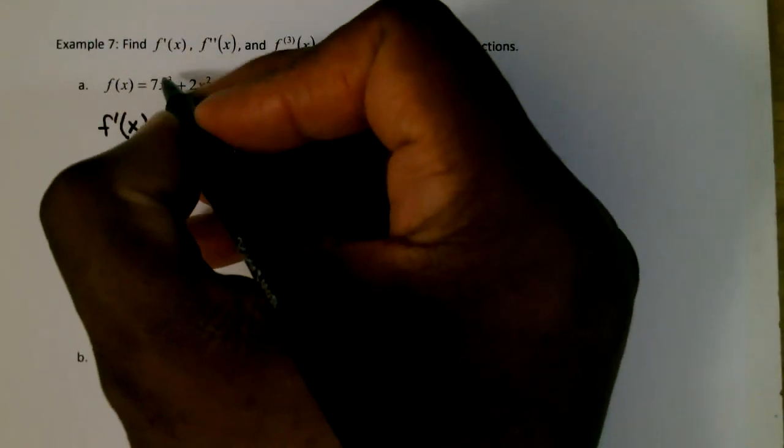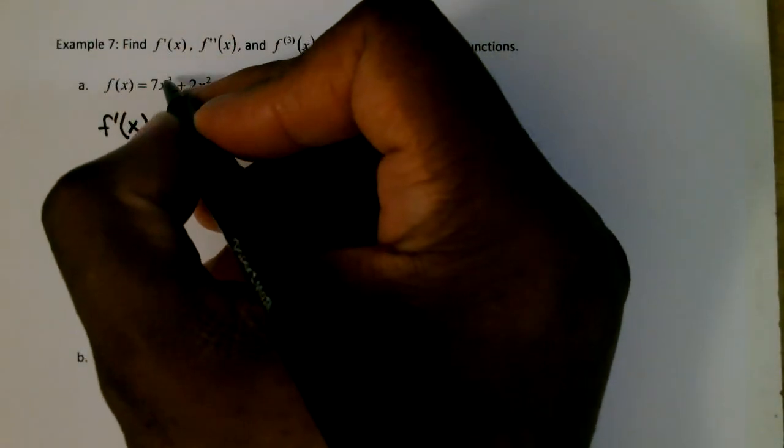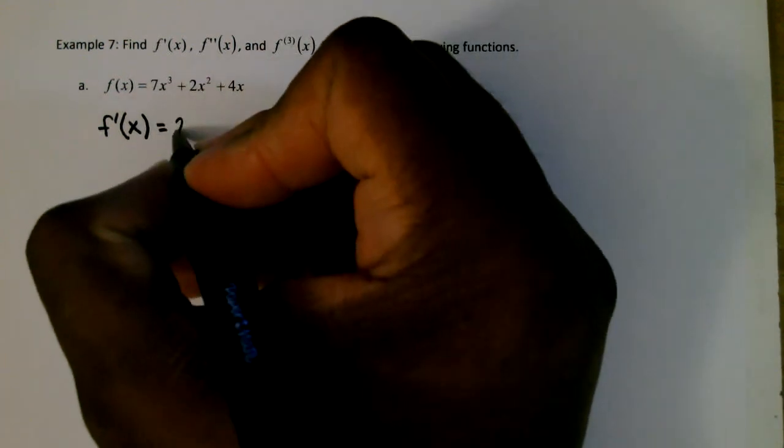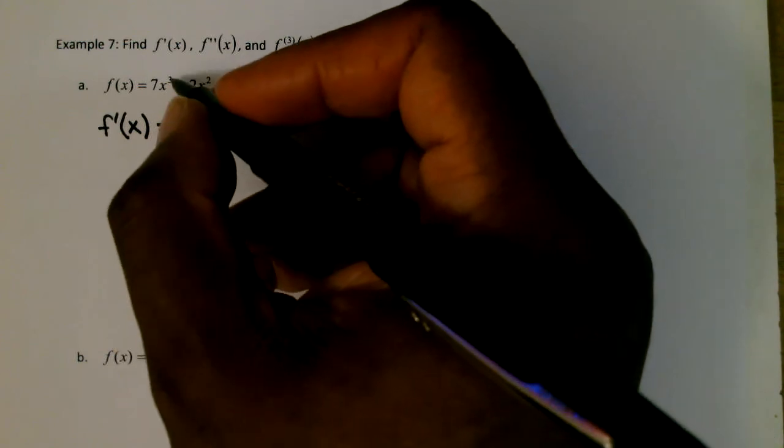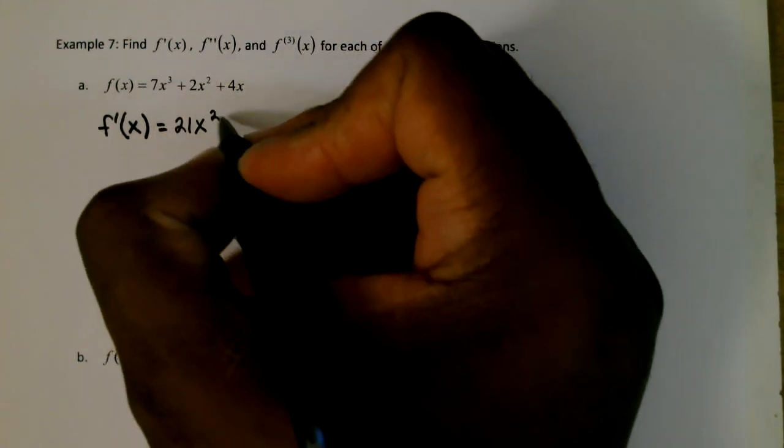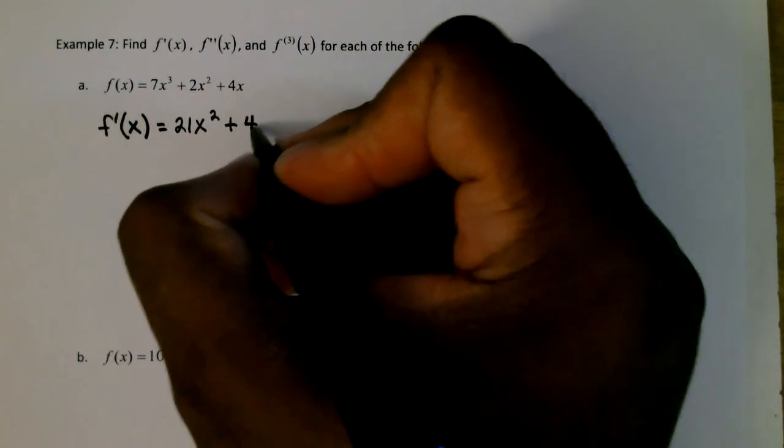So now, f prime of x is this. Bring the power down, that's 3 times 7, which is 21. Then copy the x over to the 1 less power. 1 from 3 will be 2. And then plus, for the 2x squared, we bring the 2 down. This 2 will be multiplied by the 2 in front, which is 4.